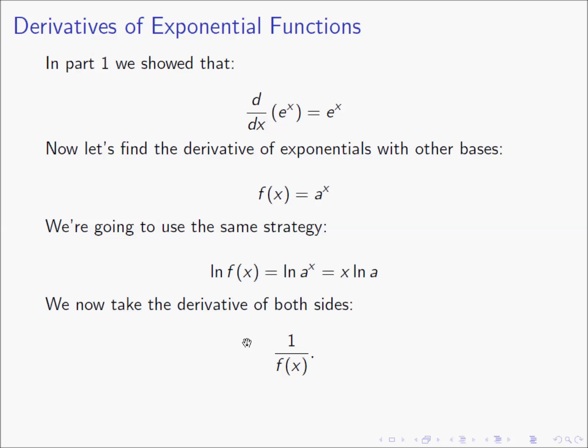On the left we're going to have the derivative of the natural log, which is 1 over what is inside, in this case f of x, times the derivative of the inner function, and that will be f prime of x. And this equals the derivative of the right side. Here the natural log of a is a constant, so this derivative will be just the natural log of a.